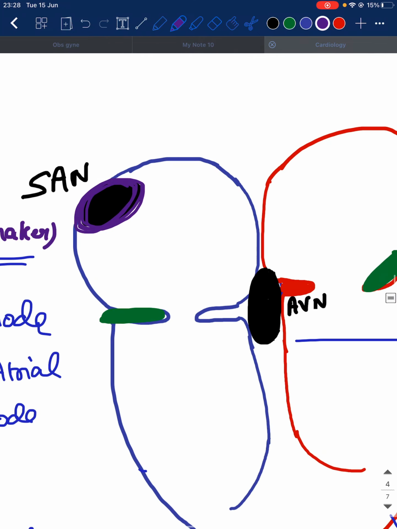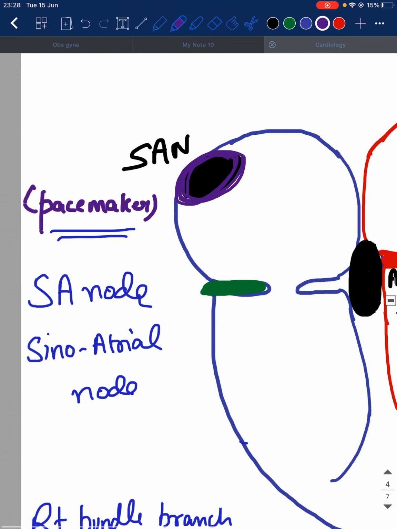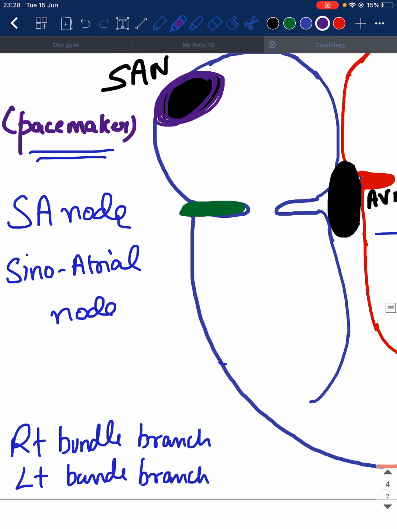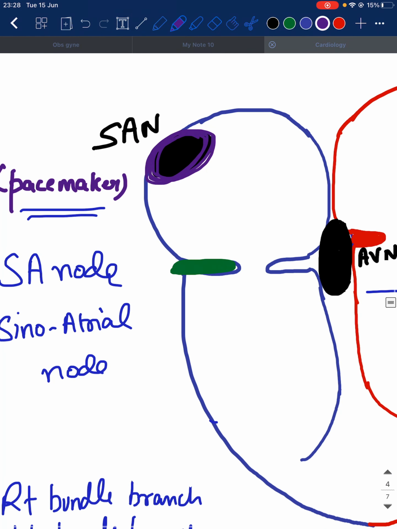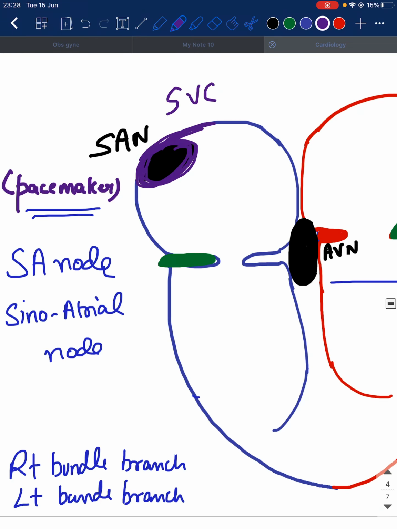It is known as the sinoatrial node. Why is it known as the sinoatrial node? Because it is present at the junction of the superior vena cava and the right atrium. That is why it is known as the SA node. It is the pacemaker of the heart.